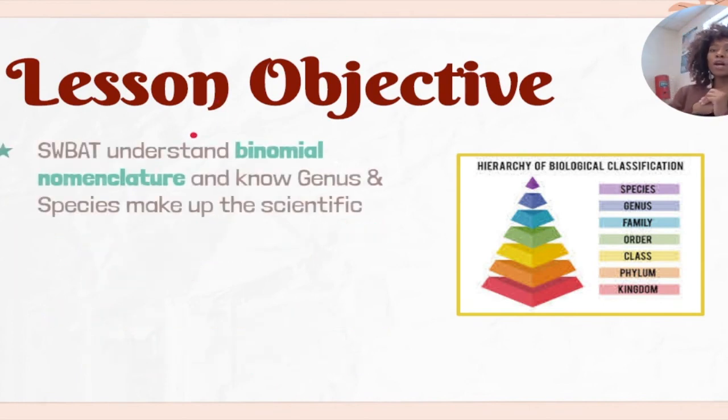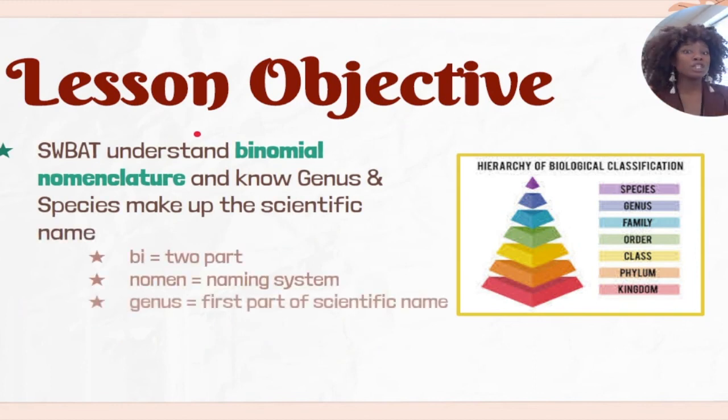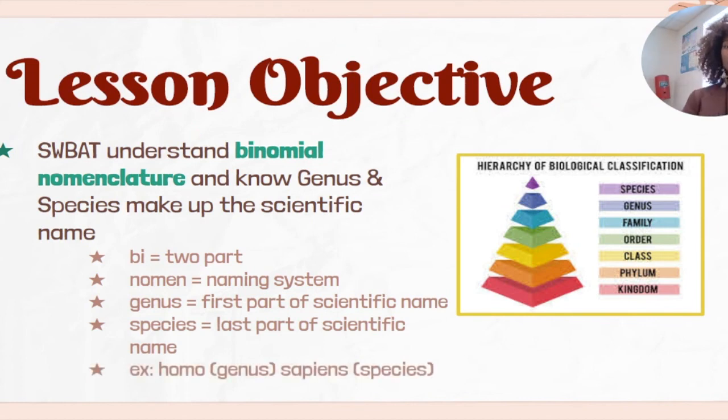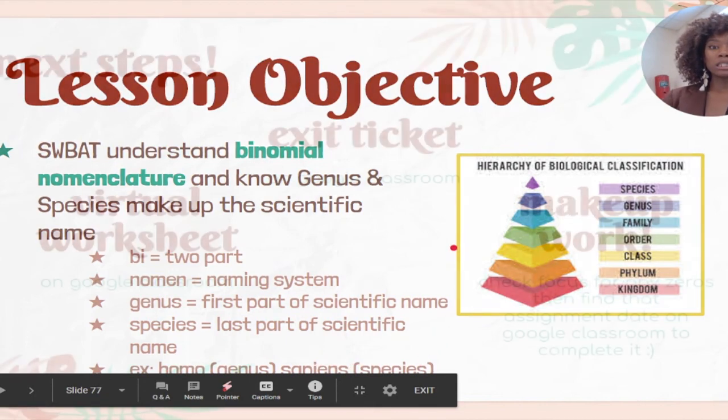The other lesson objective was that students should be able to understand binomial nomenclature and know that genus and species make up the scientific name. Bi is 2-part, nomen is naming system. Genus is the first part, species is the second part. So for example, Homo sapiens. Homo is the genus, sapiens is the species.